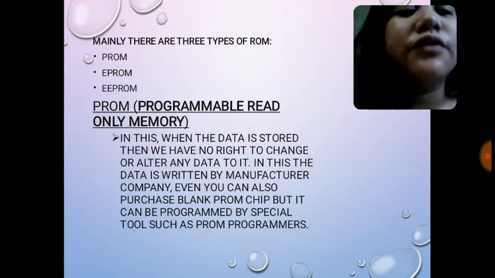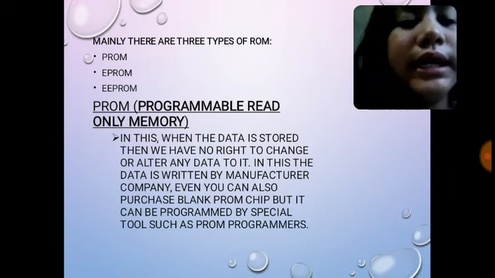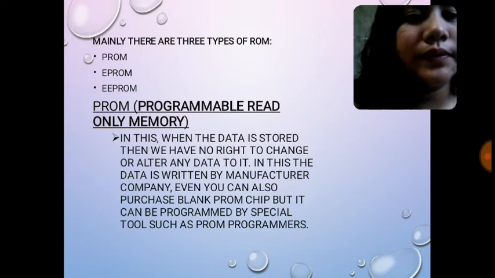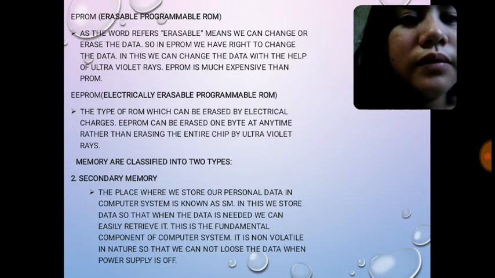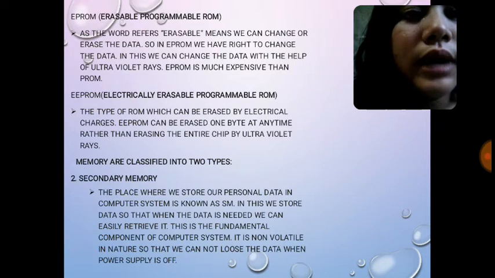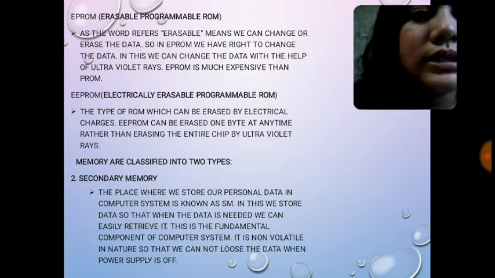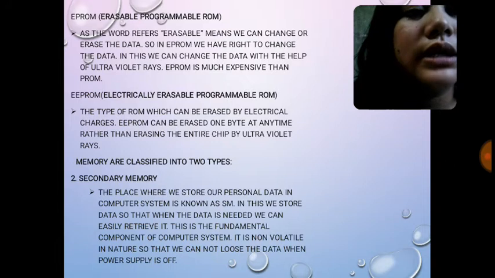PROM stands for Programmable Read-Only Memory. In this, when the data is stored, we have no right to change or alter any data in it. EPROM, Erasable Programmable ROM, as the word refers, erasable means that we can change or erase the data.